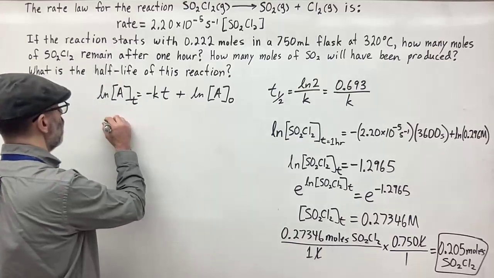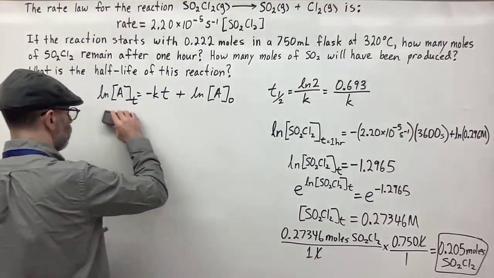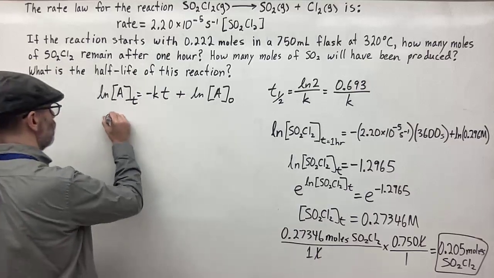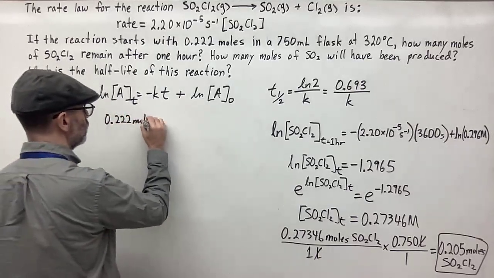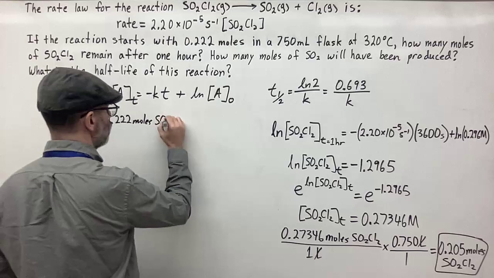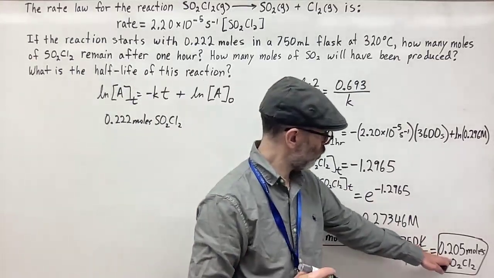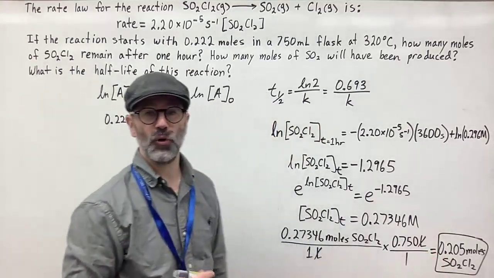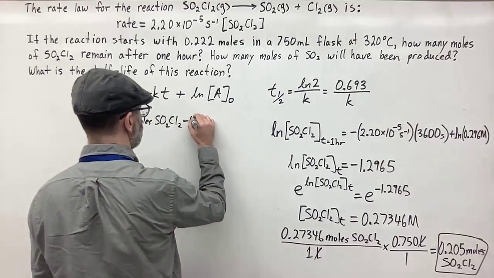So we started off with 0.222 moles of SO2Cl2. We have 0.205 moles remaining, so we're going to subtract that.